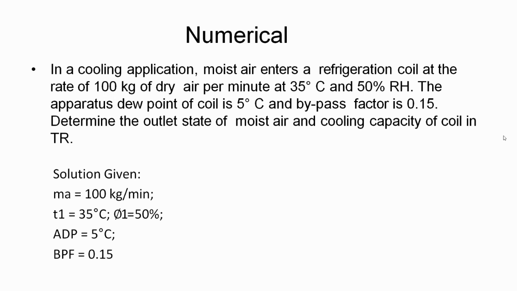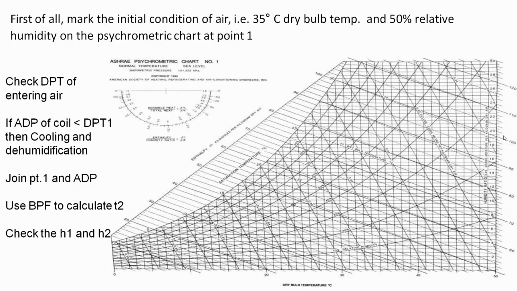What we have is mass of air, 100 kg per minute, inlet temperature T1 of 35 degrees Celsius, phi 1 as 50% relative humidity, ADP as 5 degrees Celsius, and bypass factor as 0.15. So how to solve it?